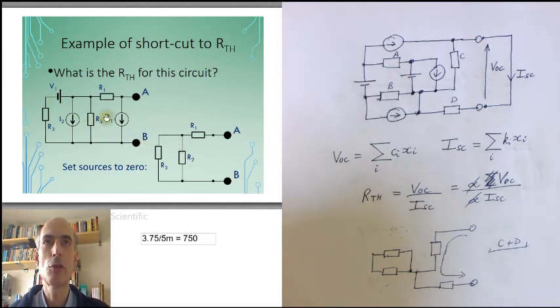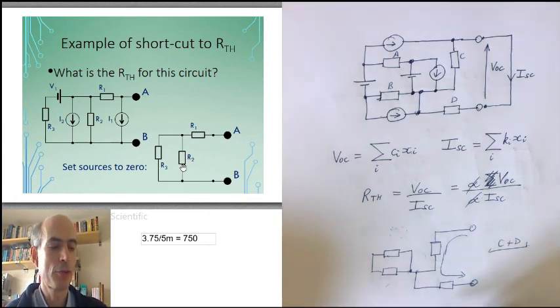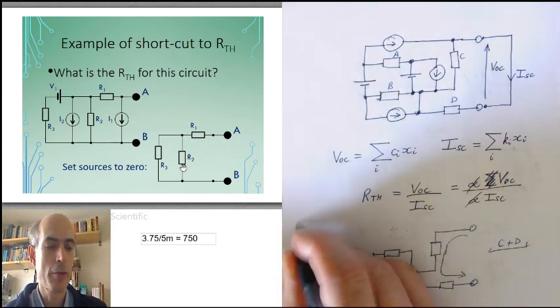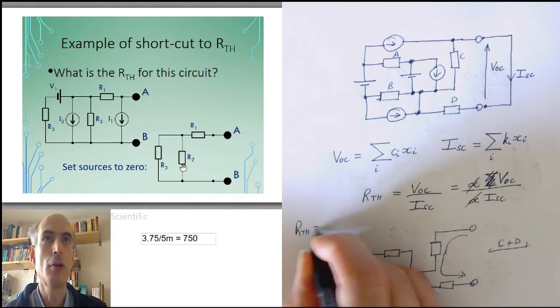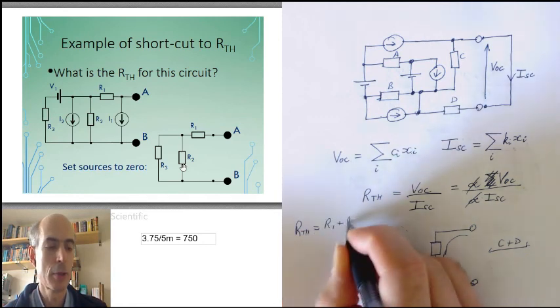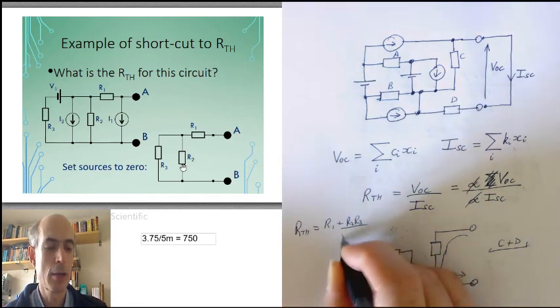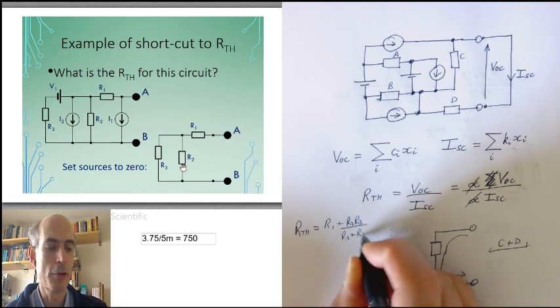And this circuit would become this circuit. And the resistance between A and B there is just R1 in series with the parallel combination of R2 and R3. So in this case, I would end up with a Thevenin resistance of R1 plus R2 R3 over R2 plus R3.